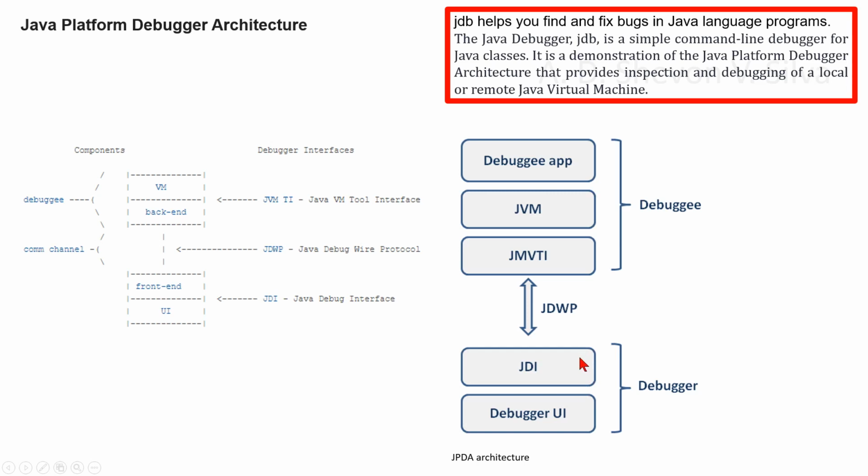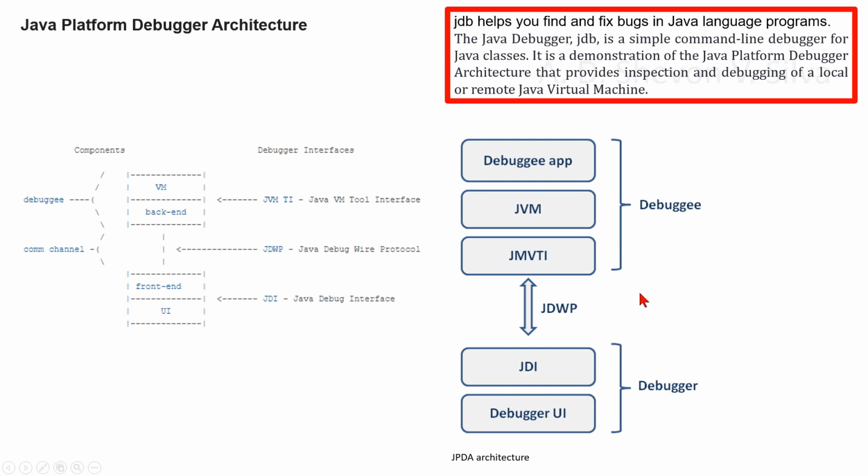Java Virtual Machine Tools Interface, a native interface that helps to inspect the state and to control the execution of applications running in the Java Virtual Machine, JVM. Java Virtual Machine Debug Interface, JVM DI.